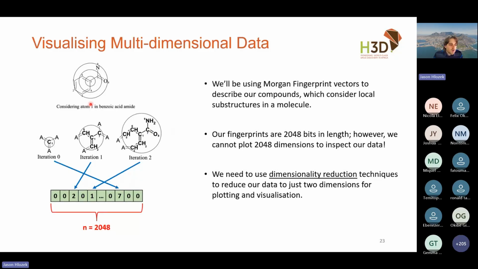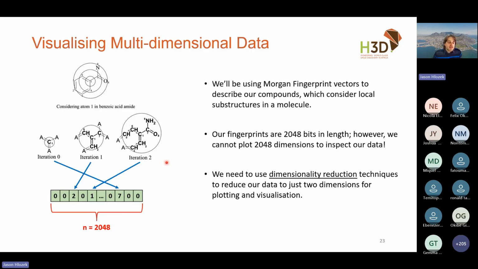And if you do this for all atoms up to the radius size, and you count how many of these substructures and put them into a vector, you've got a Morgan fingerprint. So each of these positions in the vector will correspond to a particular substructure and the number of times it appears in the molecule. And typically this vector will be 2048 dimensions, or 2048 bits.